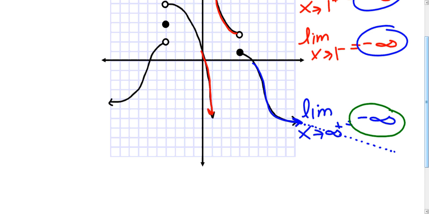Because this number right here is an infinity symbol, it's negative infinity, that limit doesn't exist. And some people will write negative infinity. Some people will say it does not exist because it's negative infinity. It just gives you a little bit more information about why it doesn't exist, okay?